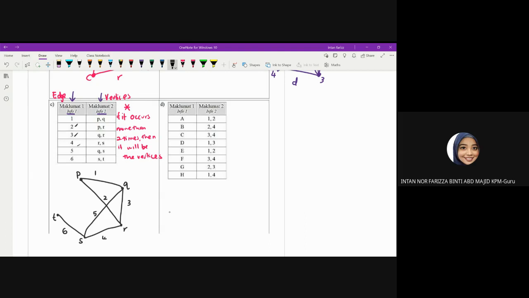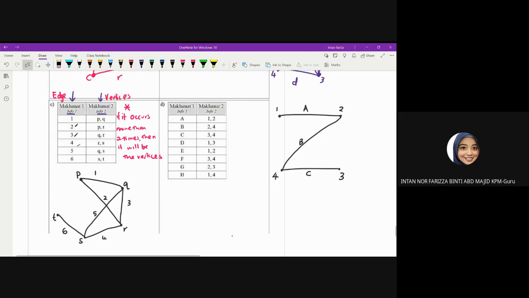Okay, I do mine. So total of 1, 2, 3, 4. So 1, 2. I use capital letter A. Don't change the small letter. 2, 4. B. 3, 4.